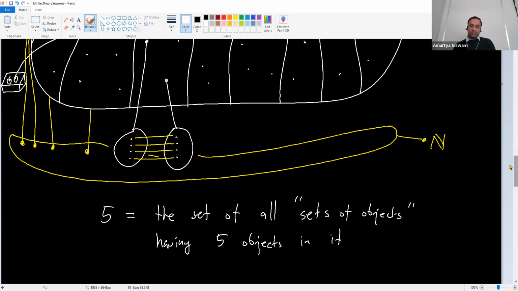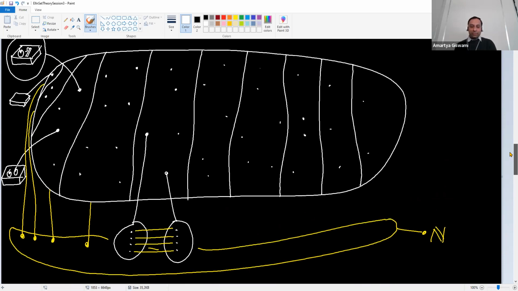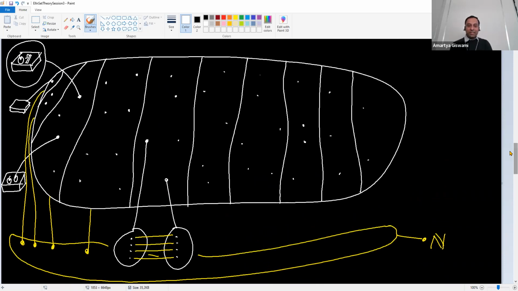So the number 5 becomes the set of all of its examples. It doesn't matter which object we pick to represent the number 5, whether it's 5 apples or 5 pens or 5 books. That's the whole idea we are trying to convey.